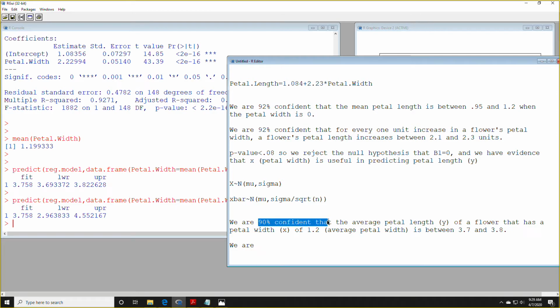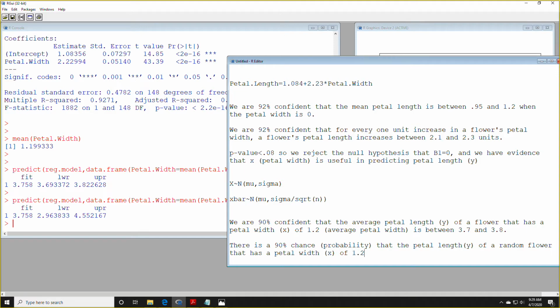If you want to keep it like this, you can, but technically, there is a 90% chance, probability, that the petal length of a, right, kind of emphasize a random flower that has a petal width of 1.2 is between, I'll just make it easy, 3 and 4.6.